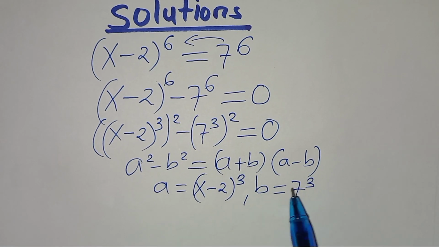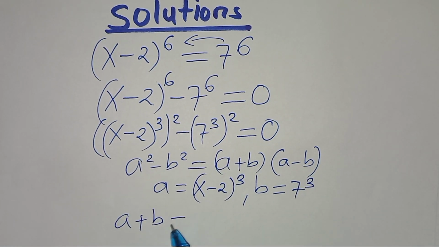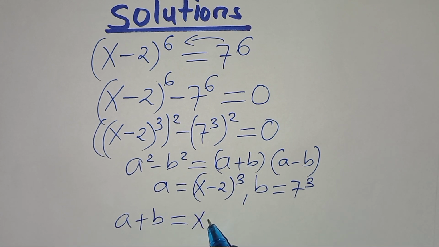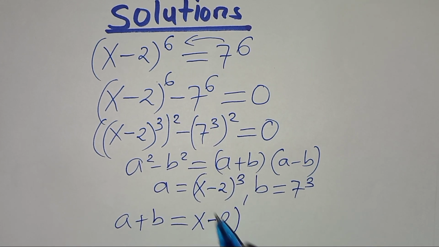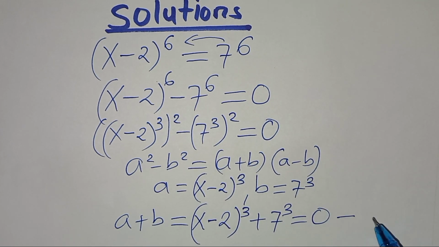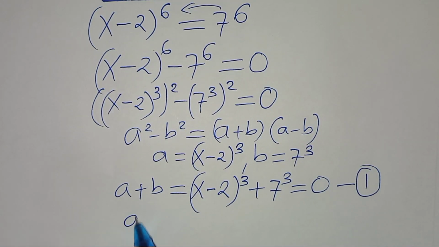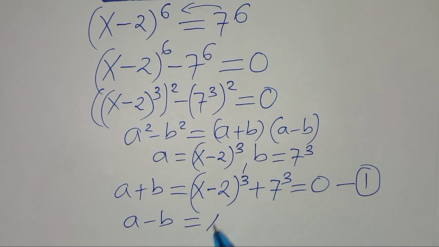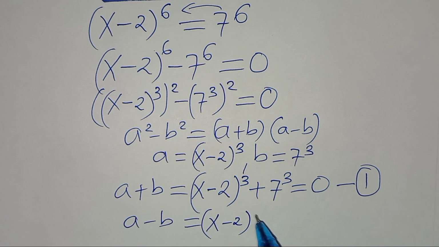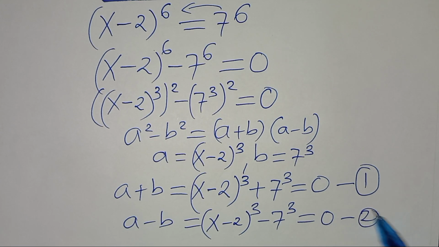The next step here, we have a + b, this is equal to (x − 2)^3 + 7^3 = 0. Let's call this one equation 1. And we have a − b, this is (x − 2)^3 − 7^3 = 0. So let's call this equation 2.